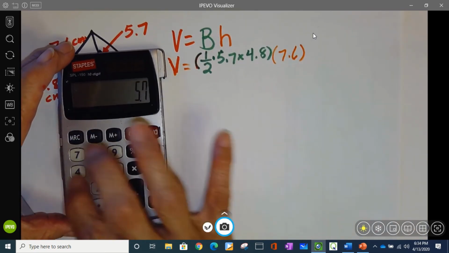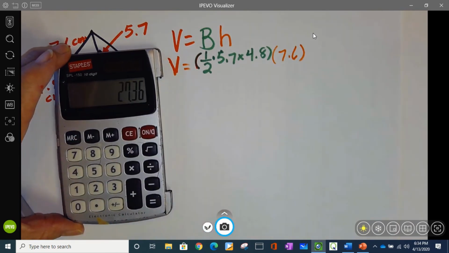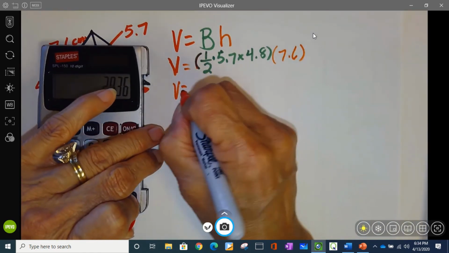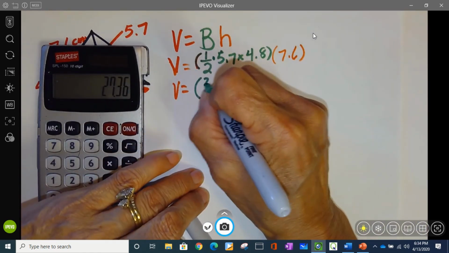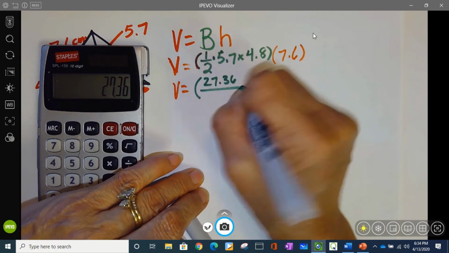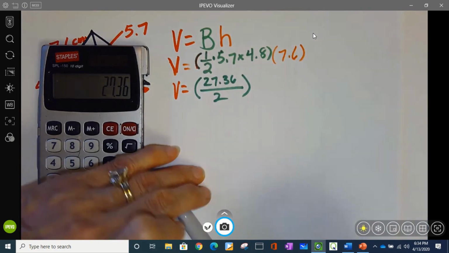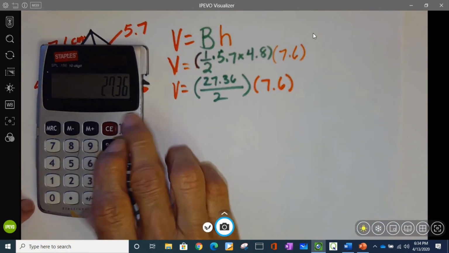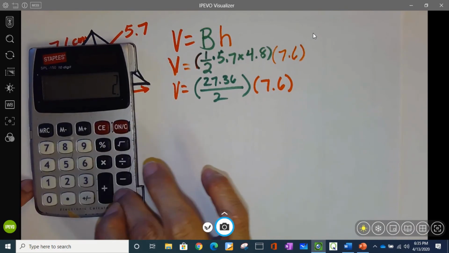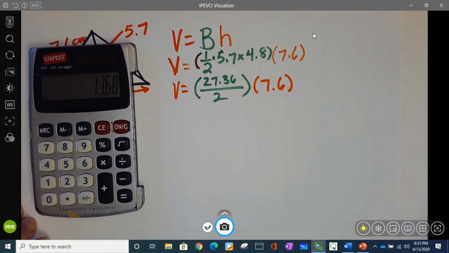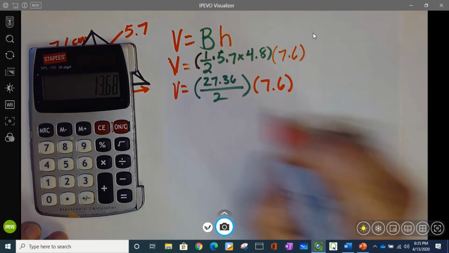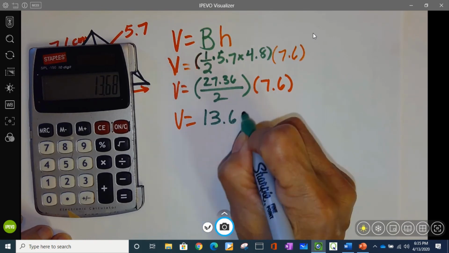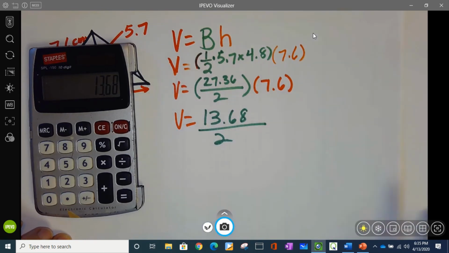5.7 times 4.8 equals 27.36. Divided by 2, multiplied by 7.6. Divided by 2 equals 13.68. 27.36 over 2.